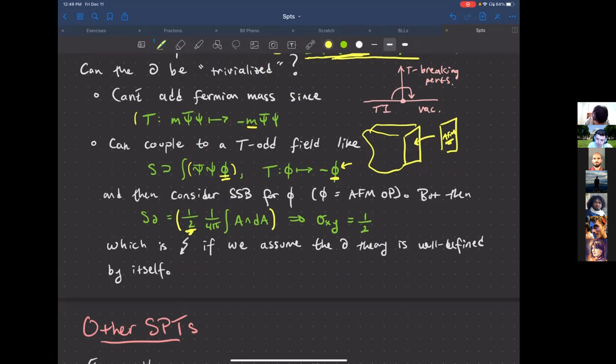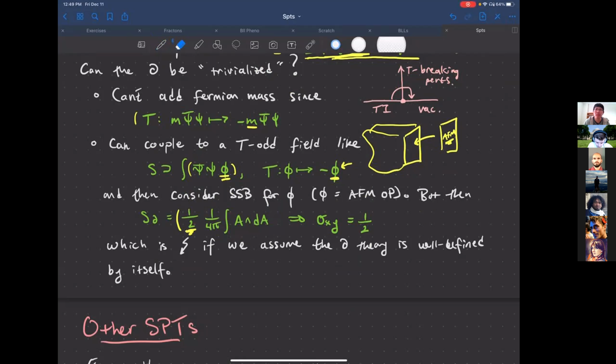Really, this thing that I'm writing down here can only be interpreted as the result of doing Stokes' theorem on something like this. So this thing doesn't make sense by itself in 2 dimensions.